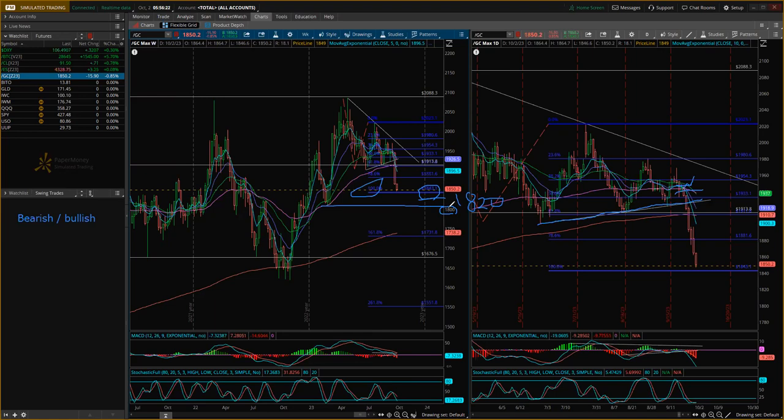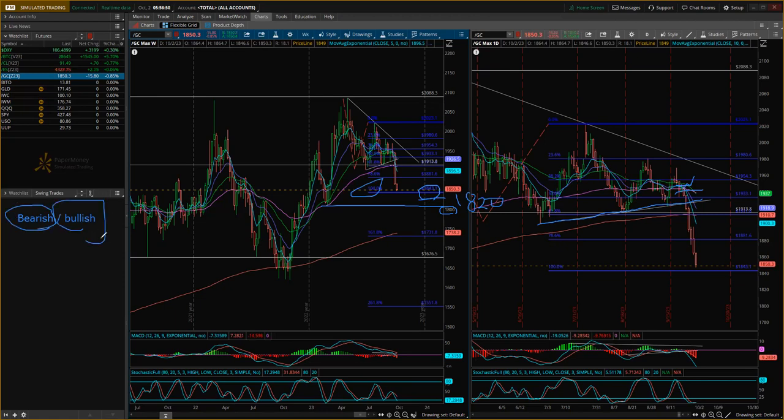So I'm just going to stay on the sideline and observe how the price reacts at this supposed support level. And if I see some sort of divergence on my 1 hour chart, I'll go long on gold. But at this point, I think it's very bearish.